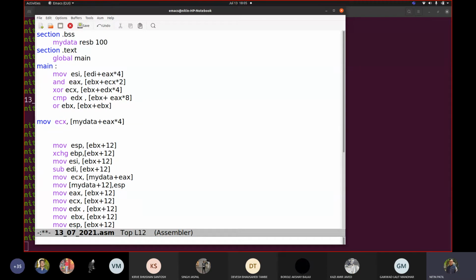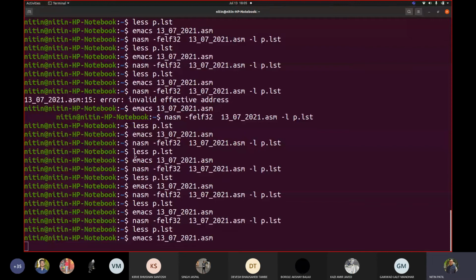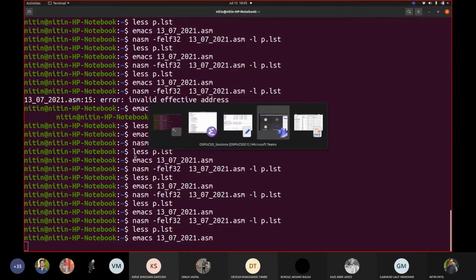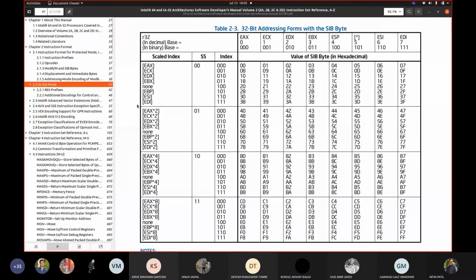You have scale and index: index as a register, scale as a number, but you don't have the base as a register. In this table, for SIB, see, EBP is given there, correct? So if you use EBP, it is permitted that way. But ESP can be used, EBP we may not, with respect to the column.